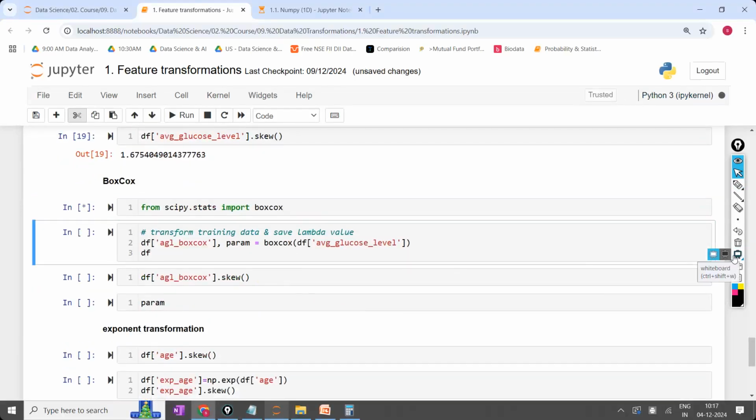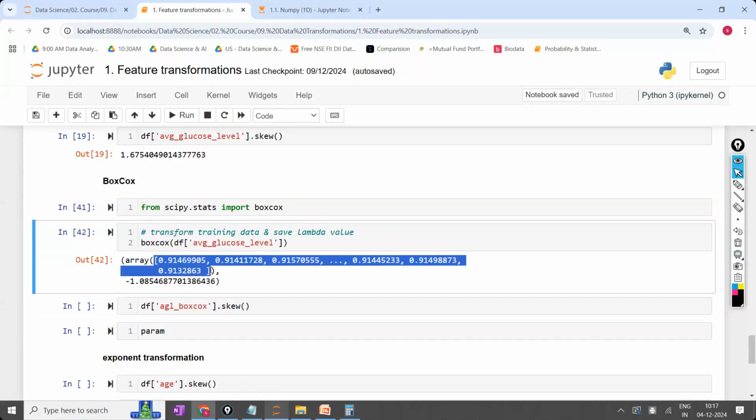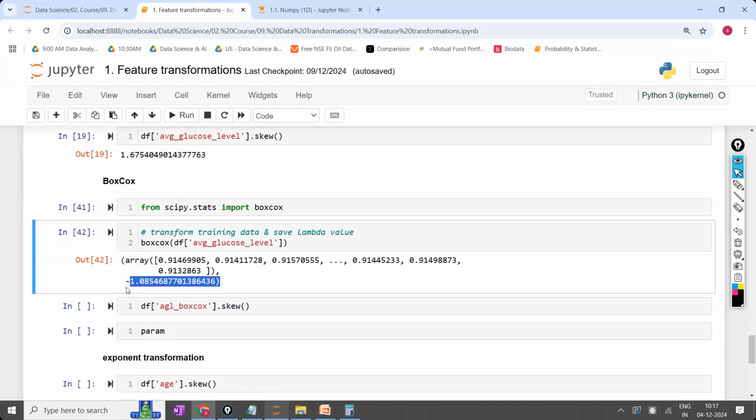Now, here I'm going to apply the Box-Cox transformation. I apply Box-Cox on the DF of average glucose level. When you apply the Box-Cox transformation, you are going to get the first array of values, that is the transformed data, along with the lambda value for which it was converted.